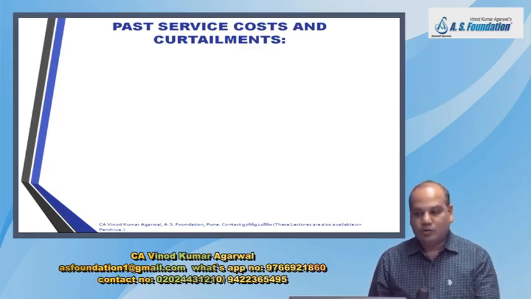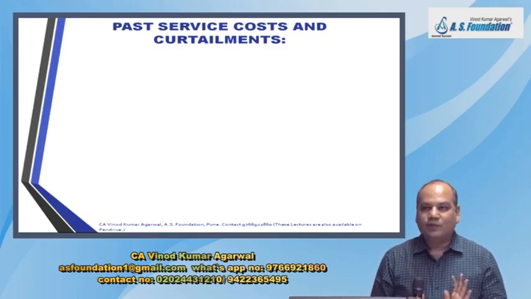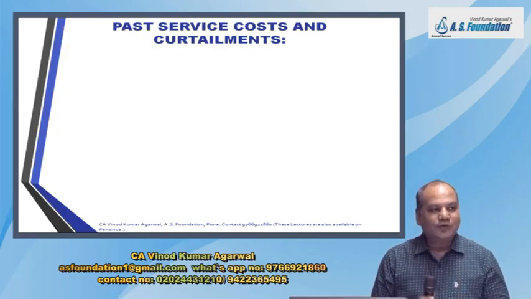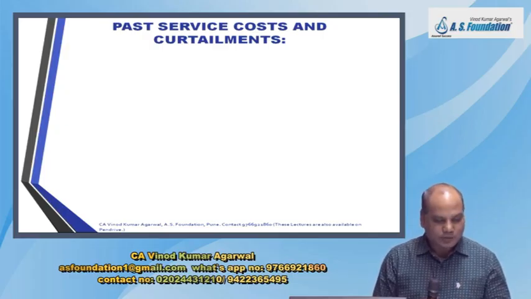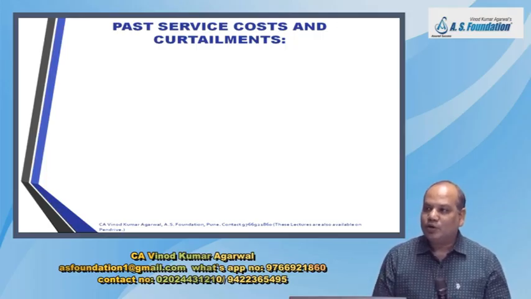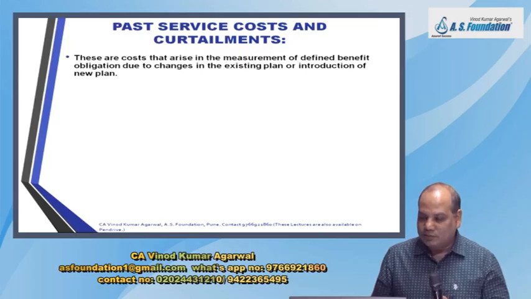It means an increase or decrease in the present value of defined benefit obligation, either due to introduction of a new scheme with retrospective effect or modification or amendment to an existing scheme with retrospective effect.